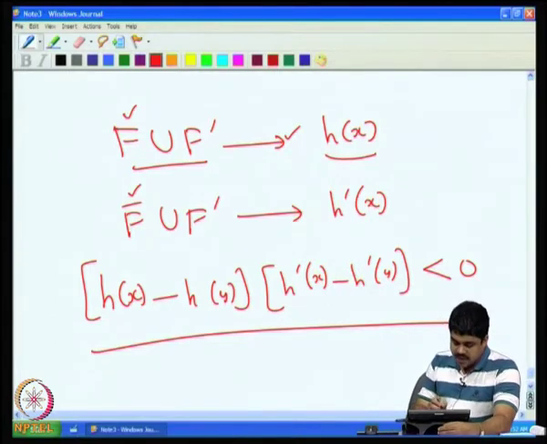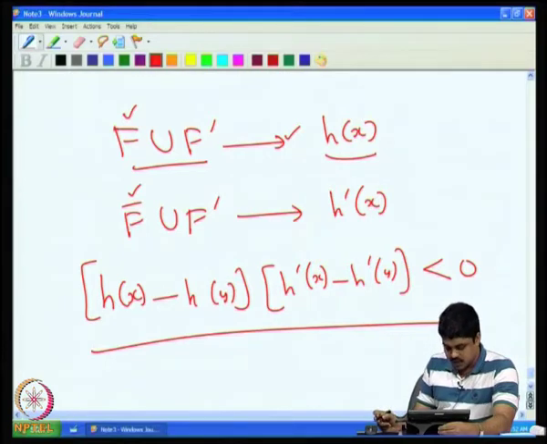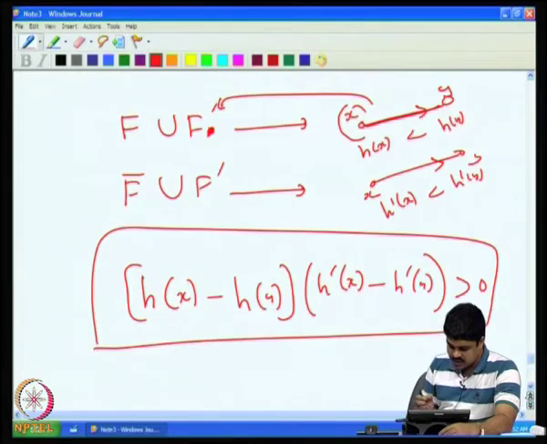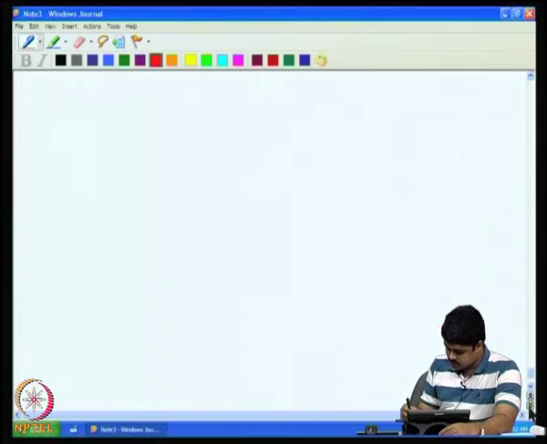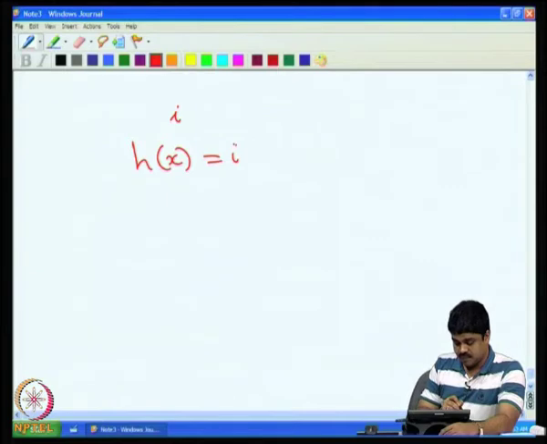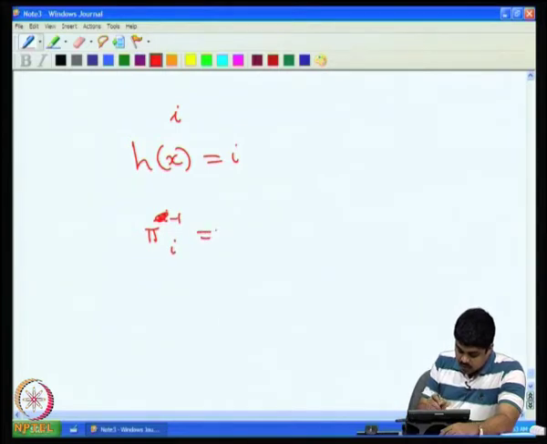So, based on this h of x and h of y, we constructed a permutation. How did we do that? For every i, we looked at the vertex x for which h of x is equal to i, and then we placed i in the permutation such that pi inverse of i is equal to h dash of x.